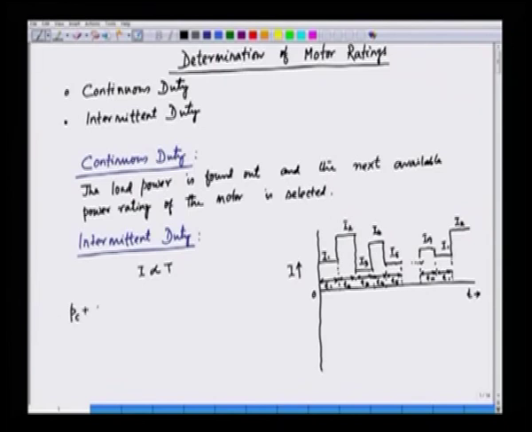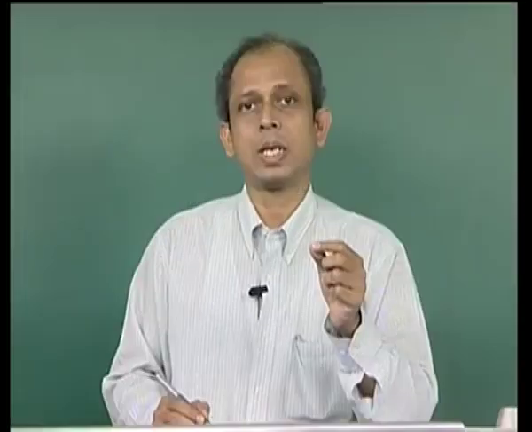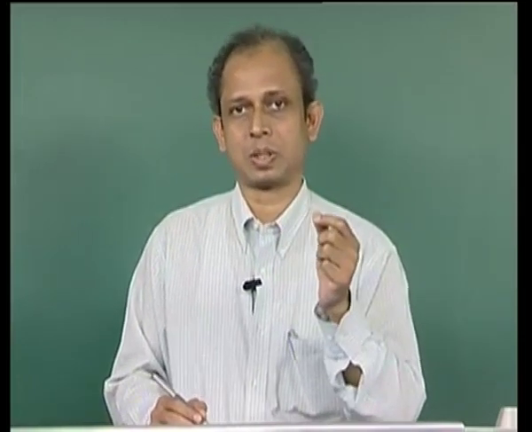Let us say we have an equivalent current, that is IEQ, and the effective resistance of the motor is R. In a very simplified expression, the core loss plus the copper loss is the total loss, and this loss is equal to the loss occurring in the motor in the respective intervals.